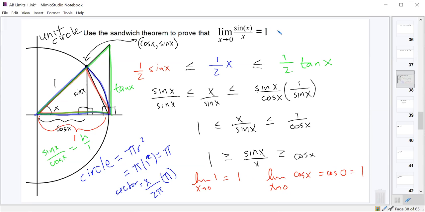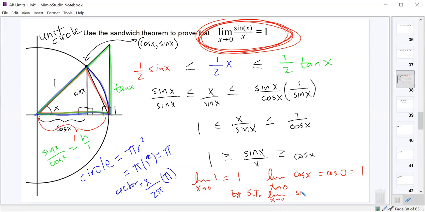And that tells us that by the sandwich theorem or the squeeze theorem, this limit is also equal to 1. Everybody good with that? Yes. All right, spectacular.